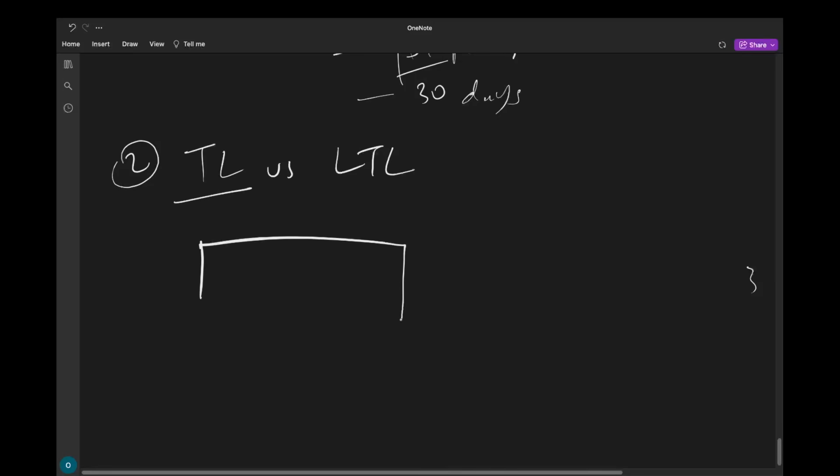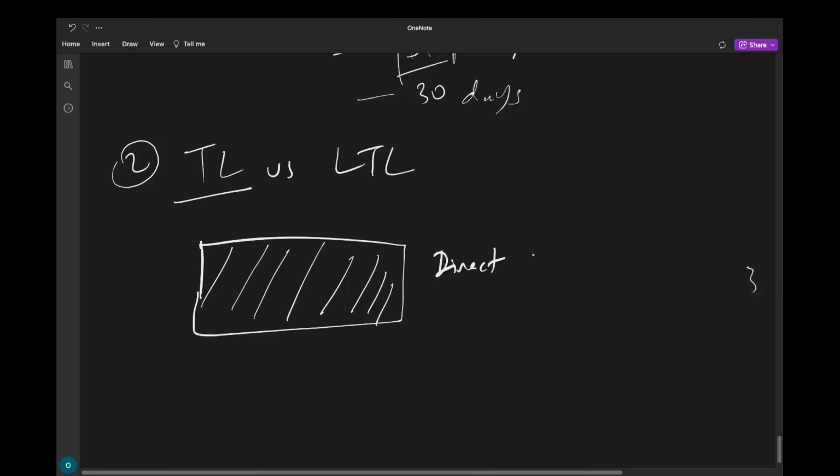Okay. You fill all your cargo in this truck. Okay, and you close it. Now it will directly go from A to B. You booked the full truck, loaded it, and now it will go from A to B. There are no stops in between.